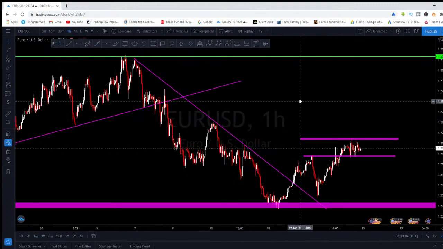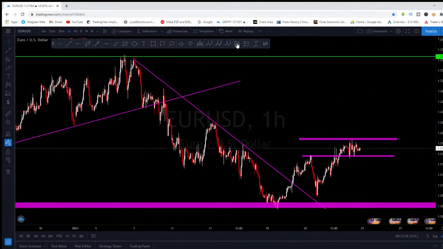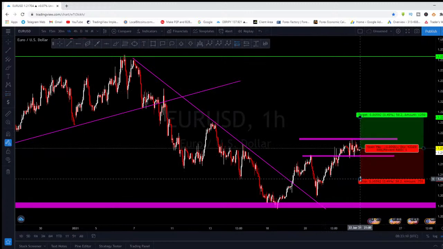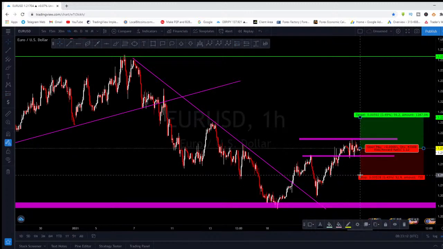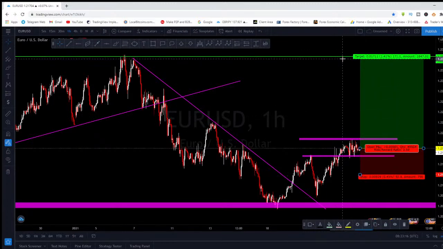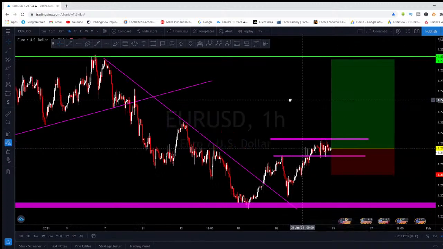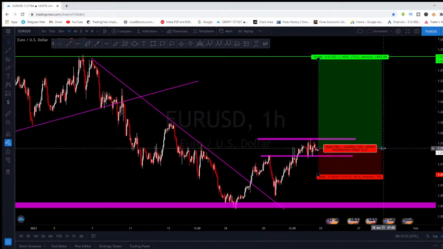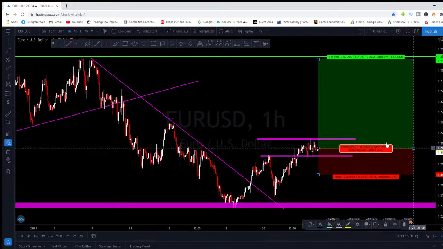All right, I have to put the long position again. It's 50 pips risk to get 170 pips. That's around a 1 to 3 point something risk reward ratio.